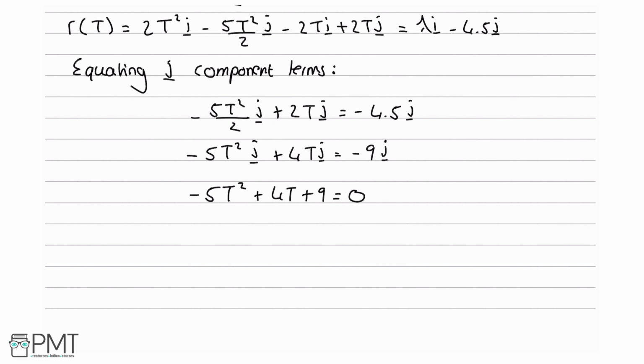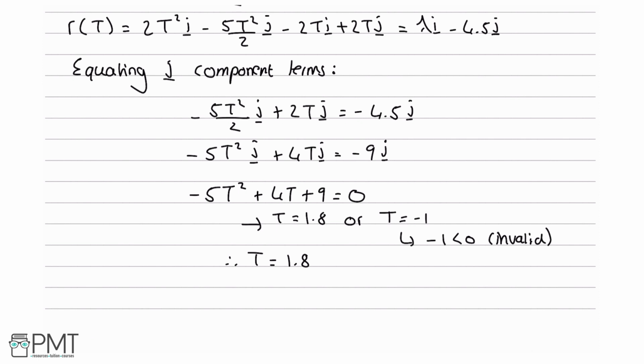You would get that t equals 1.8 or t equals minus 1. Now, t equals minus 1 is less than 0, and we were told that t has to be greater than 0, so this is invalid. And you would say that, therefore, t equals 1.8, okay?